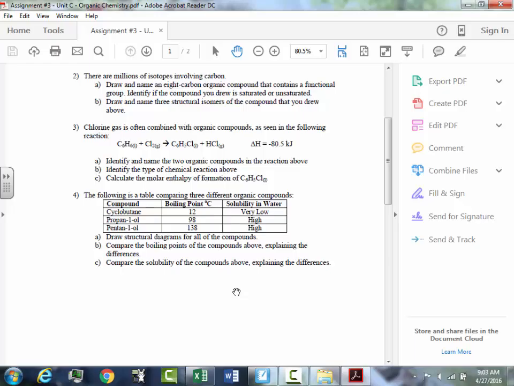It's just a whole bunch of carbons and hydrogens, and they balance each other out. That makes sense? But looking at the next two, propanol and pentanol, they have high solubilities because they are polar. They can hydrogen bond. So therefore, water can dissolve those ones. Does that make sense? Okay, cool. I just answered number 4 for you. I mean, not all of it, but you need to elaborate on it.